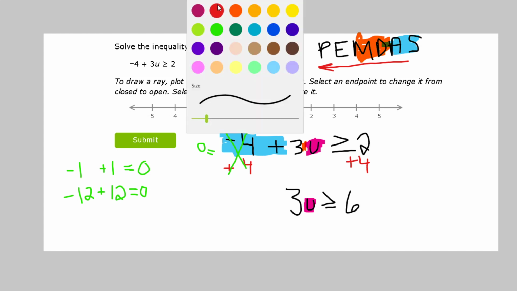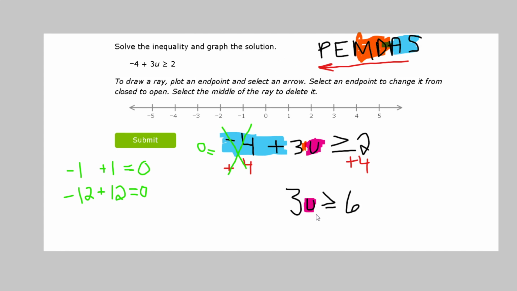So from here, you just need to get the variable by itself. So we need to divide this 3 away. We know 3 divided by 3 is 1. So these cancel out. But we have to do the same thing to the right side, just like with normal equations. And if you're not sure what I'm doing, make sure you're looking at last week's IXL and videos, because we worked on two-step equations all last week.